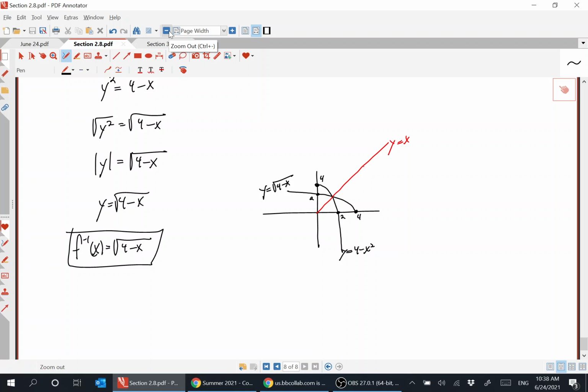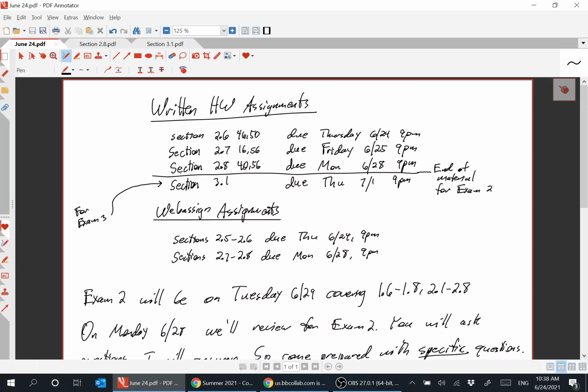So, I asked you to hand in section 2.7, numbers 16 and 56. All right, so number 56, if we look at it in 2.7, you got a function f of x and a function g of x, and you got to find the compositions. f following g, g following f, f following f, and g following g.